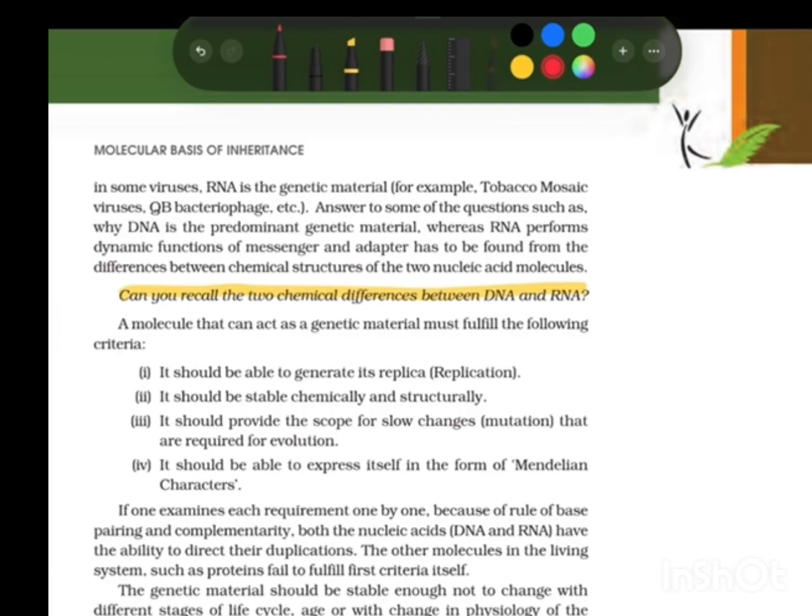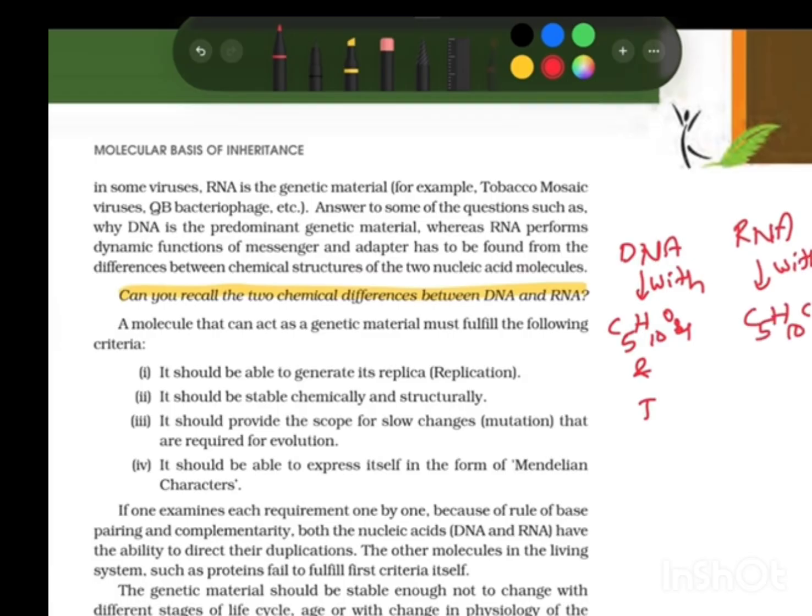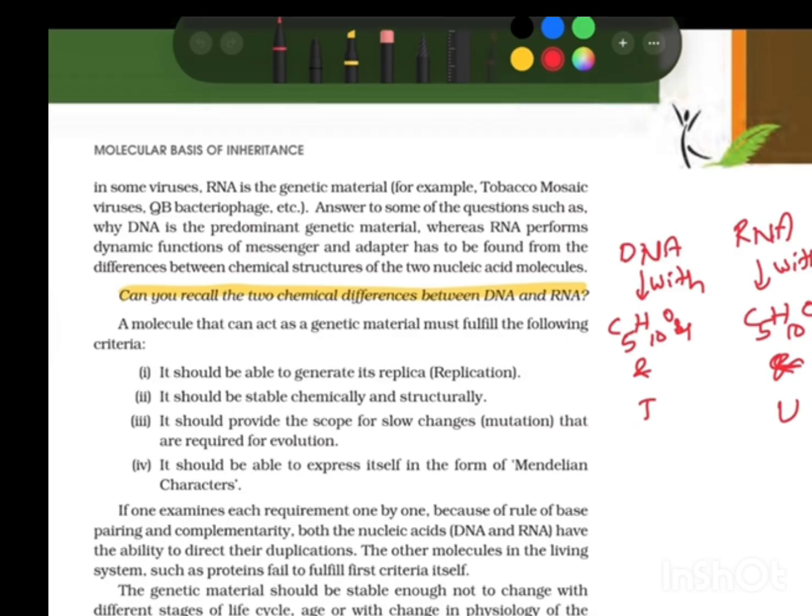It has this sugar and it has thymine. RNA has C5H10O5, that is ribose sugar, and uracil. These are the two major chemical differences between DNA and RNA.